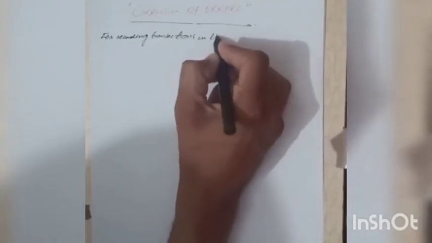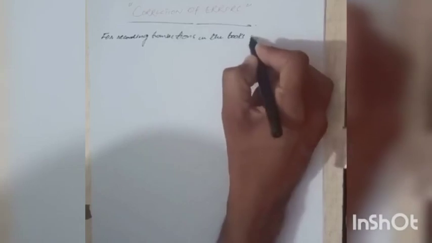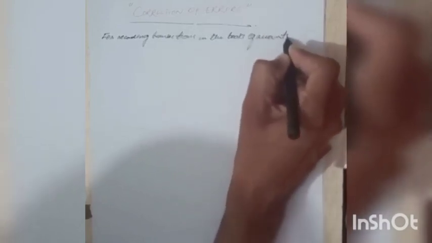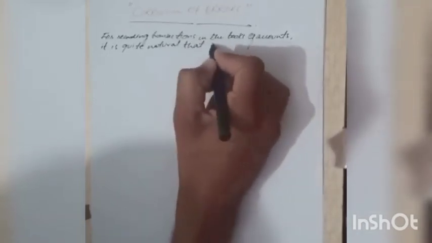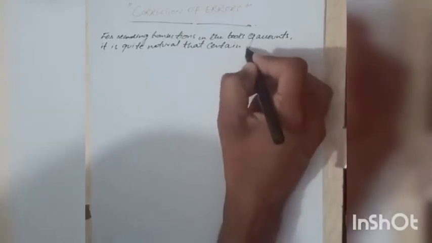Okay, so for recording transactions in the books of account, it is quite natural that certain errors may arise, either due to carelessness of the accountant or lack of adequate knowledge of the accountants. So it is not possible to ascertain the correct profit or loss if any error exists in the accounts. Therefore, adjustment in the wrong entry for its correction is known as correction of errors.